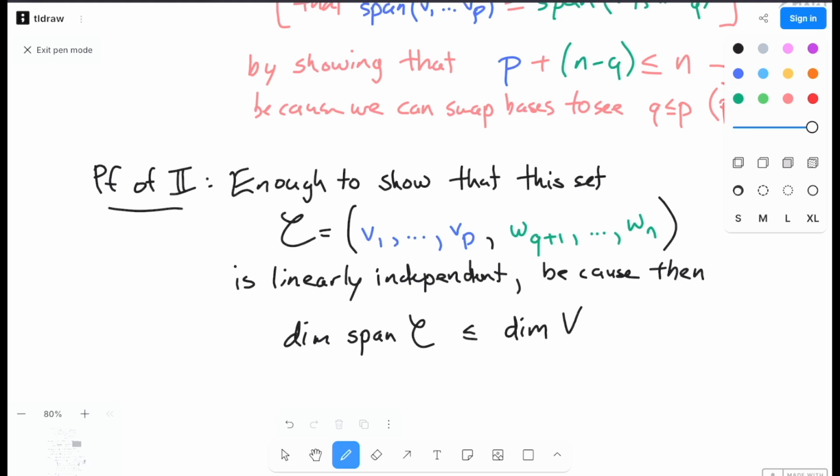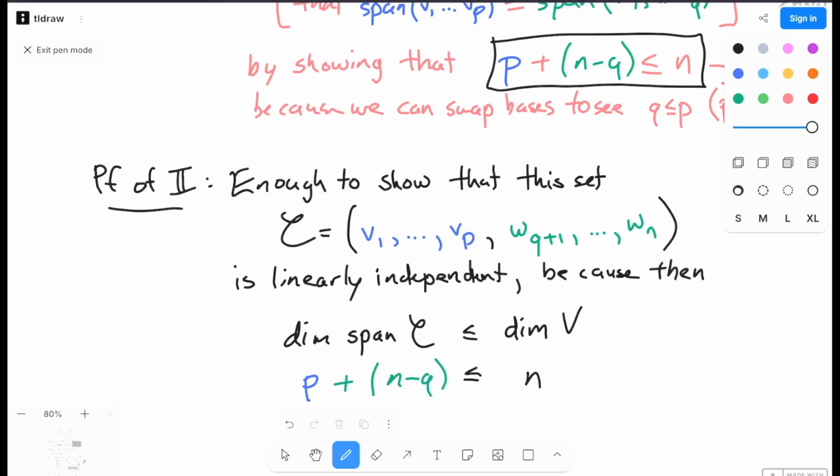The dimension of the entire vector space is n. And the dimension of the subspace is, well, if it's linearly independent, you just count the number of vectors there. So which is precisely what we claimed we were going to prove from earlier.